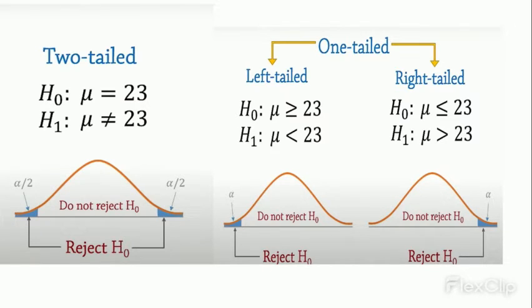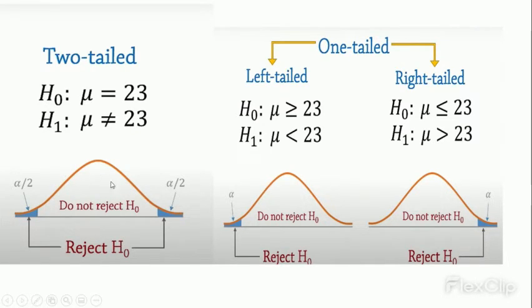We use two-tail and one-tail hypotheses for testing. When it is two tail, the null hypothesis has equal, like 23, then the alternative will be not equal 23.